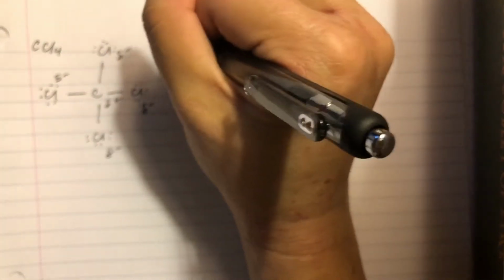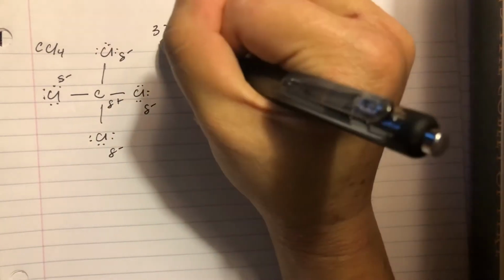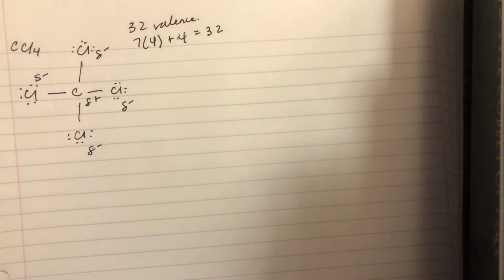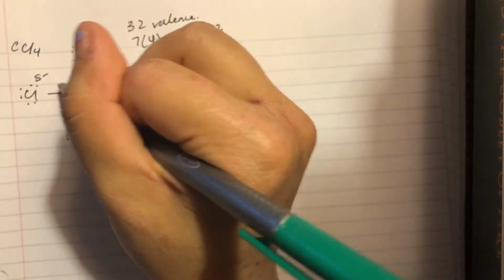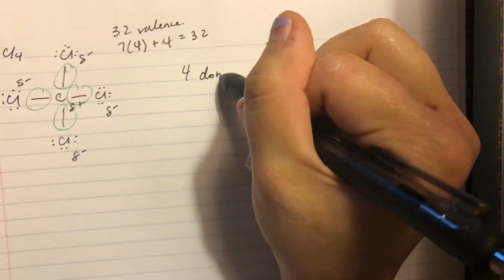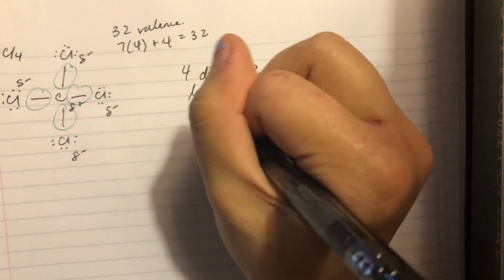We have 32 valence electrons, because we have 7 times 4 plus 4, which is 32. And so then we're going to count the domains. 1, 2, 3, 4. We have 4 domains. And so that means it's tetrahedral.